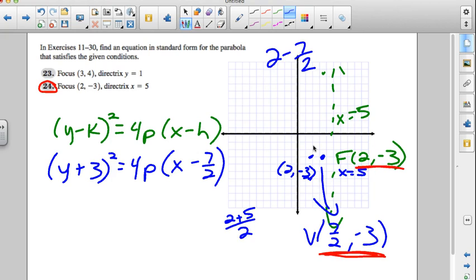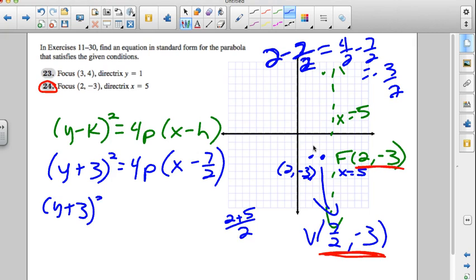Now, hopefully you're looking at that and you're thinking, oh, that's 1.5. But you know what? We can do the math by just taking 2 minus 7 halves. And of course, 2 is going to be 4 halves minus 7 halves, so that'll be a -3 halves. Now notice that is the directed distance. If you did it the opposite way and took 7 halves minus 2, you'd get 3 halves. But you'd think, oh, wait a minute, I need this to go left, so we need that p-value to be a -3 halves.